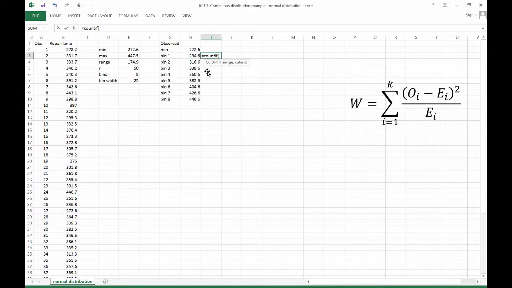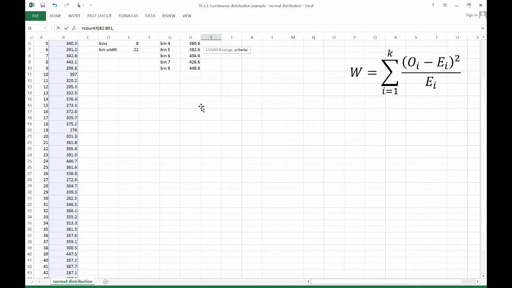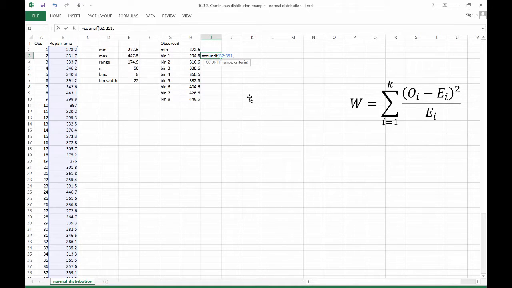We've got our range of observations, and our criteria is going to be less than or equal to the value in this cell. Again, if we were just inputting 294.6, we could do that here without the ampersand. But if we don't want to hard code this, if we want to include the cell value, we can include an ampersand and then cell H3.